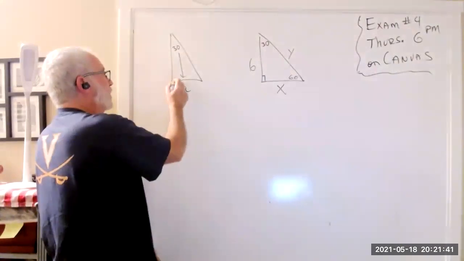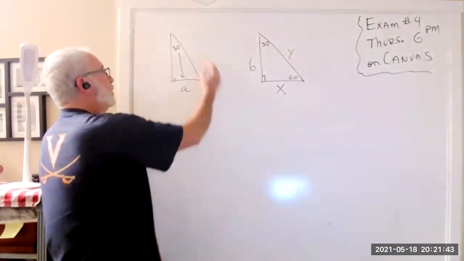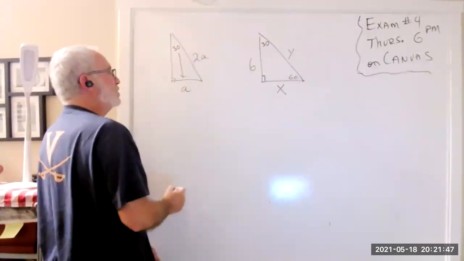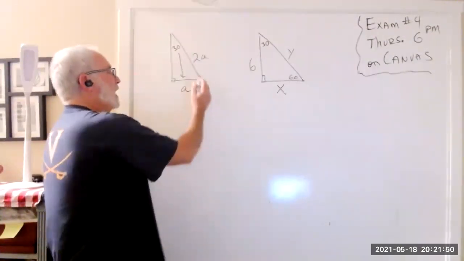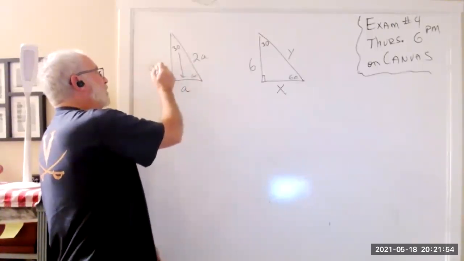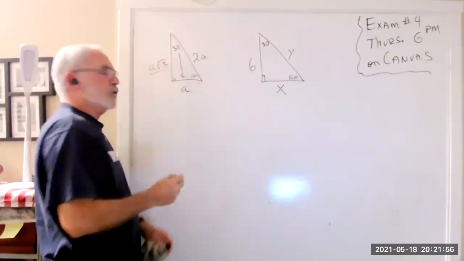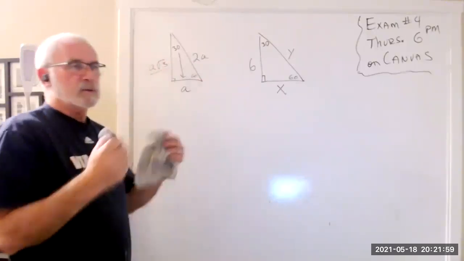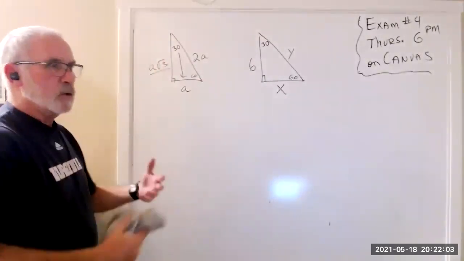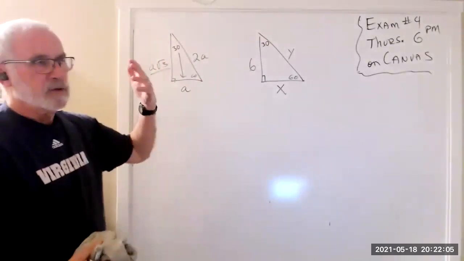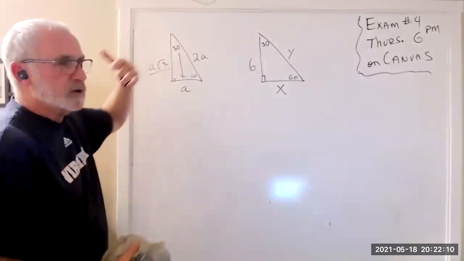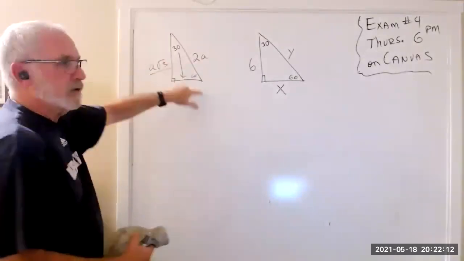We call that A. The hypotenuse, which is opposite the right angle, is always 2A, 2 times A. And opposite the 60 degree angle is always A times the square root of 3. So your first job is, what side were you given? Were you given the A side, the A radical 3 side, or the 2A side?